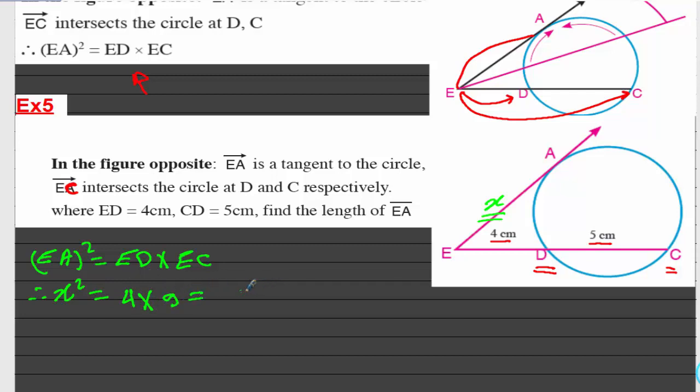The product equals 36. So X equals square root of 36, which equals 6 centimeters. Of course, the negative answer is refused.